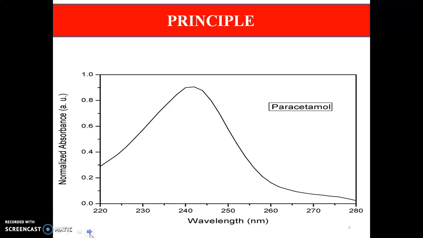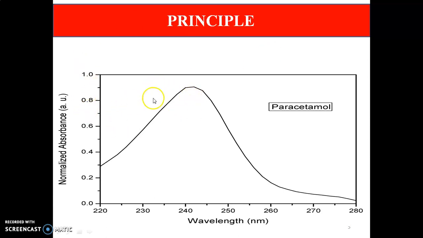Wavelength is the distance between two successive maxima or minima, and lambda max is the wavelength at which maximum absorption of the electromagnetic radiation takes place by a molecule due to its electronic structure.